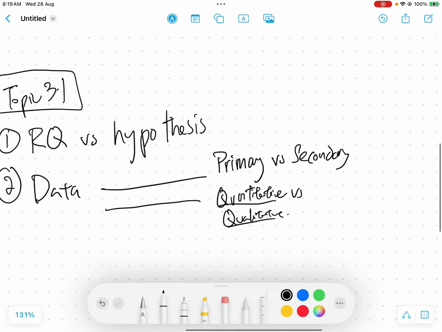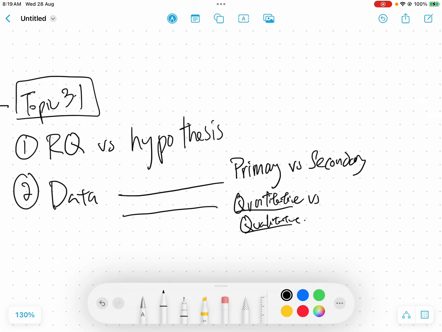And what's the difference between primary and secondary data? Basically, primary data is collected firsthand, whereby you, as the investigator or geographer, go out to collect your data. Secondary data comes from a study that's been conducted, and the data is already available.